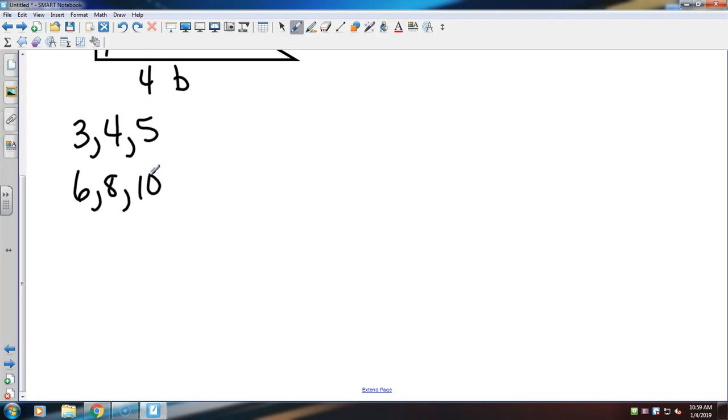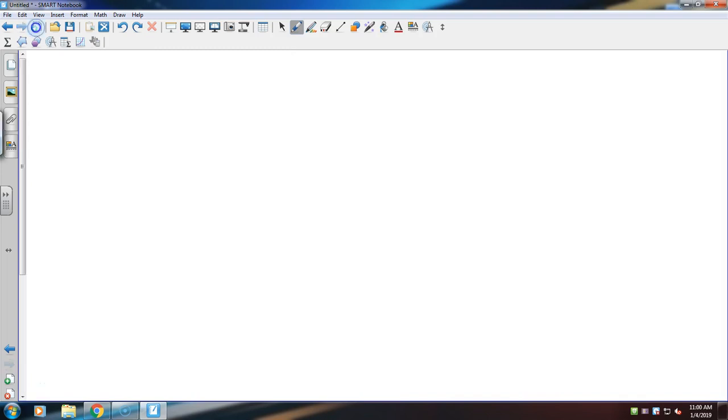We could multiply it by 3. That's going to make it a 9, 12, 15, and so forth, all the way down to however many you want to multiply it by. So if you're going to try to identify something as being a right triangle, first look for the 3, 4, 5, and that's a really easy way to not have to do the Pythagorean theorem.